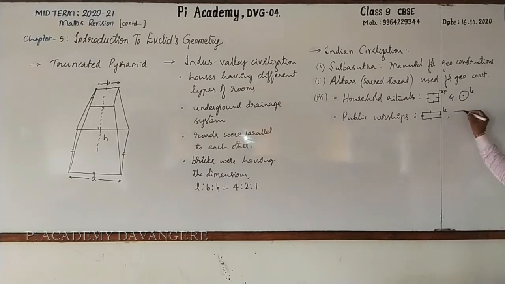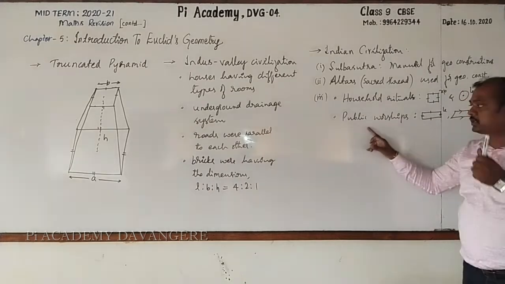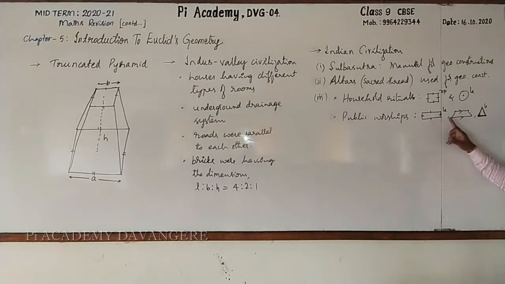Even trapezium, a quadrilateral in which one pair of opposite sides are parallel. Not only this, even they were using triangles as well. Can be asked in the examination. Okay. Name the geometrical figures used in the Indian civilization for household rituals. You have to write squares and circles. Then for public worship, rectangles, trapeziums and triangles.